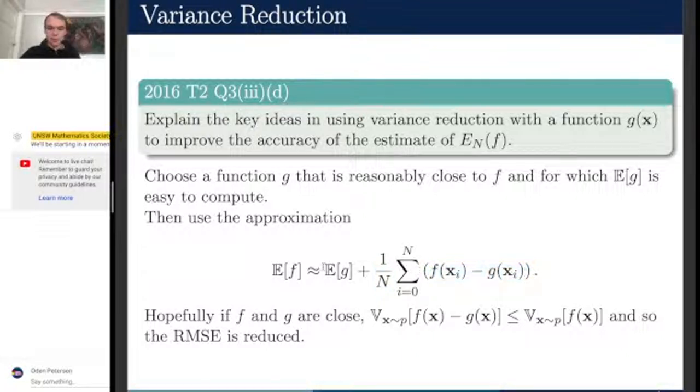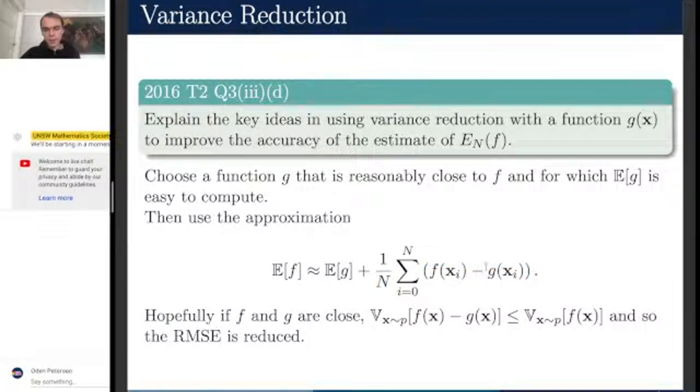Everything that's left over, you just put in the expectation of g, which we have an analytic expression for. And so your estimator for f is just going to be the explicit formula that you have for the expectation of g, plus the Monte Carlo estimate of the difference between the functions.